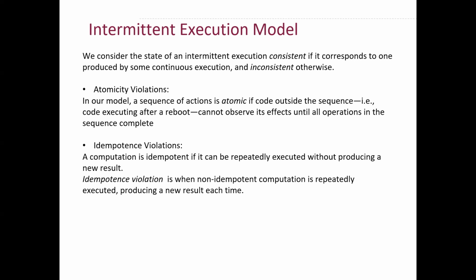So this is what we call consistency. We consider the state of an intermittent execution as consistent if it corresponds to one produced by some continuous execution and inconsistent otherwise. So this may lead to atomicity violations. And atomic is something wherein no external factors affect what you have in your system. It's kind of like a box, and nothing outside the box can affect what's inside the box.